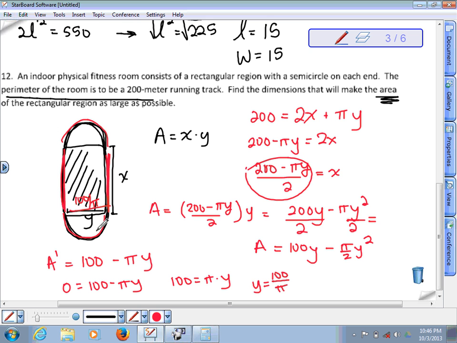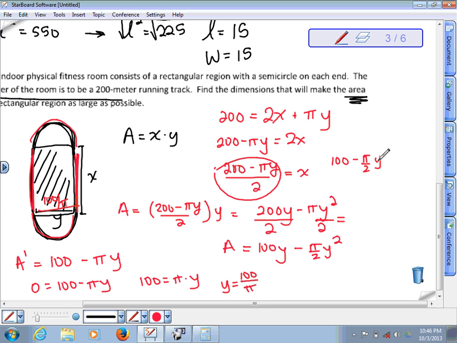Now, to find x, if we wanted to again make this a little bit easier, x is equal to 100 minus pi over 2 times y.